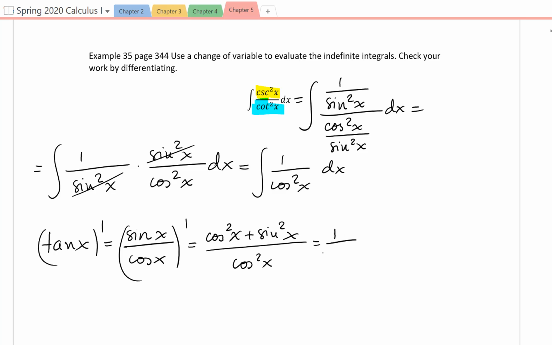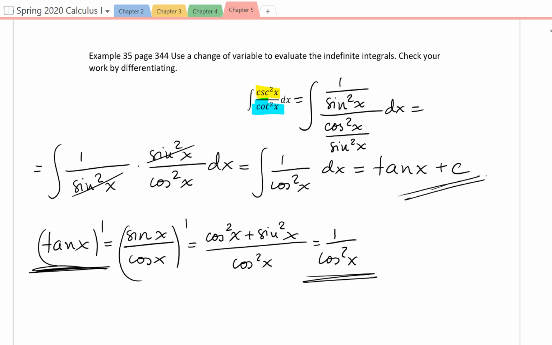So it's 1 over cosine squared of x. So what did we just prove? We proved that the derivative of tangent of x is 1 over cosine squared of x, or tangent of x is the antiderivative of 1 over cosine squared of x. Therefore, this equals tangent of x plus c.